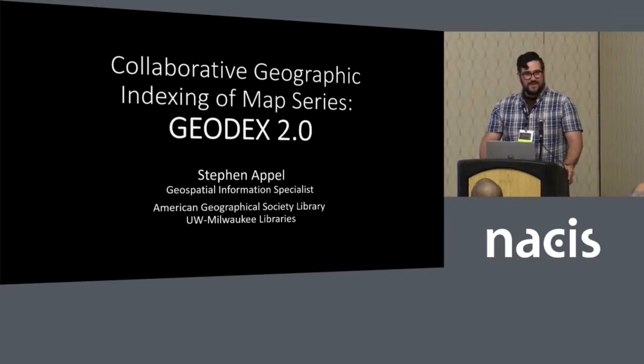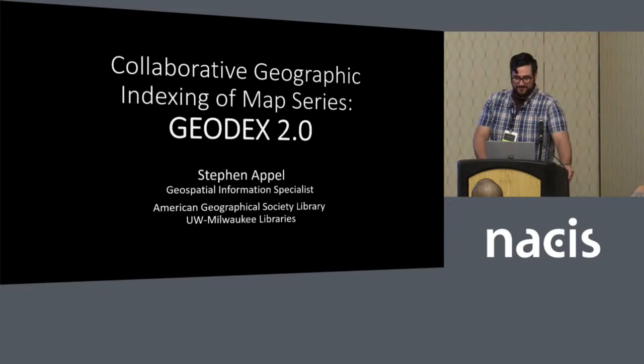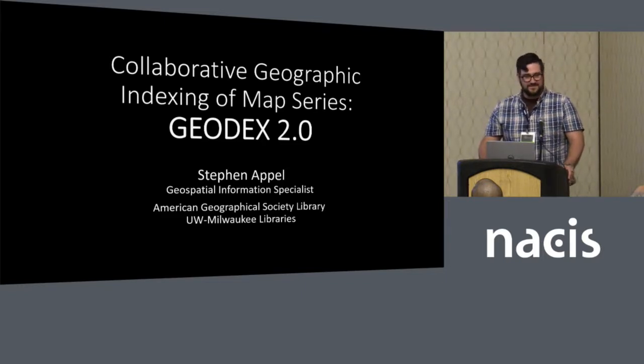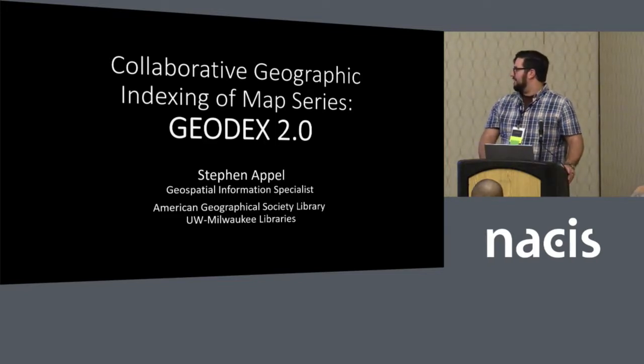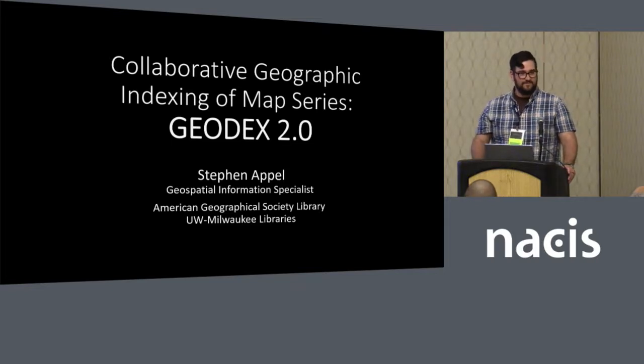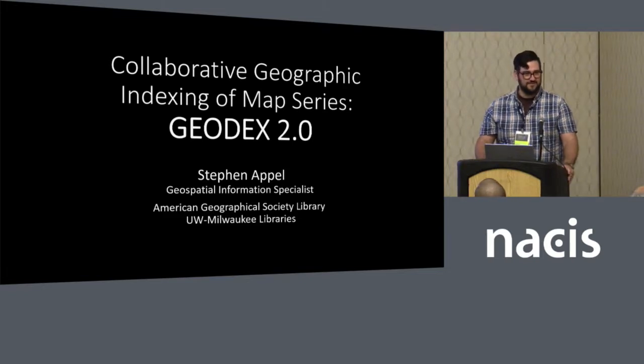In addition to our data services and classroom instruction and things like that, I've taken on this pet project to bring this Geodex system that we use into the 21st century. And I want to talk today a little bit about making this process collaborative so we can work together to help track down maps in large series and work together as map libraries across the country and beyond.